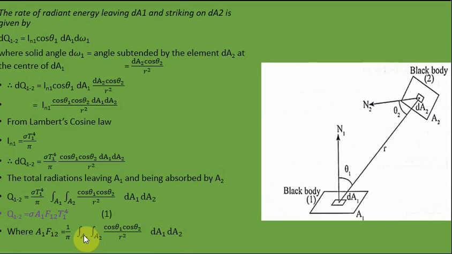Without going for integration, we will write this term like this: Q12, the heat energy radiating from the first surface and absorbed by the second black body, can be given as sigma into A1 F12 T1⁴.